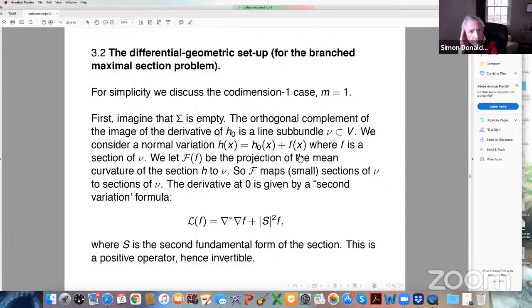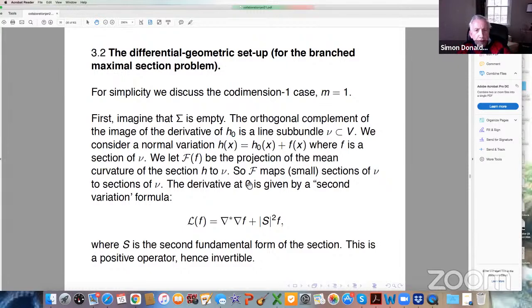So we have our nonlinear map, curly F. It maps from sections of nu, but only sufficiently small ones, because we want to preserve this maximal condition, for example. But the image is again given by a section of nu. And this is, I say, completely standard.